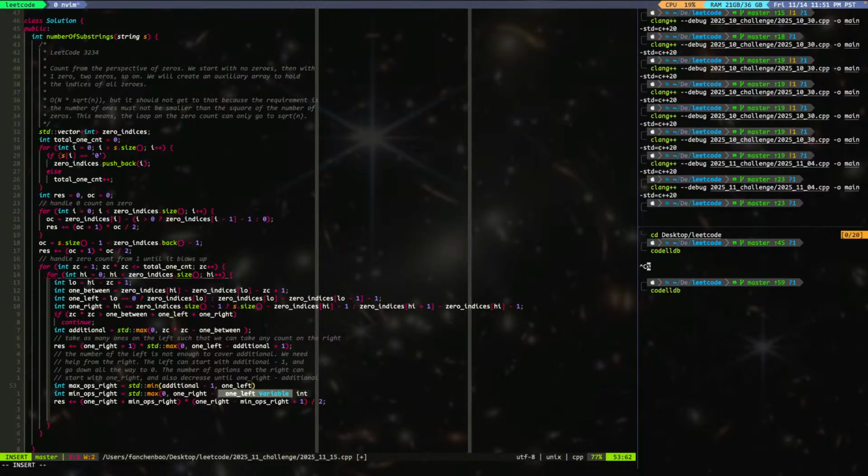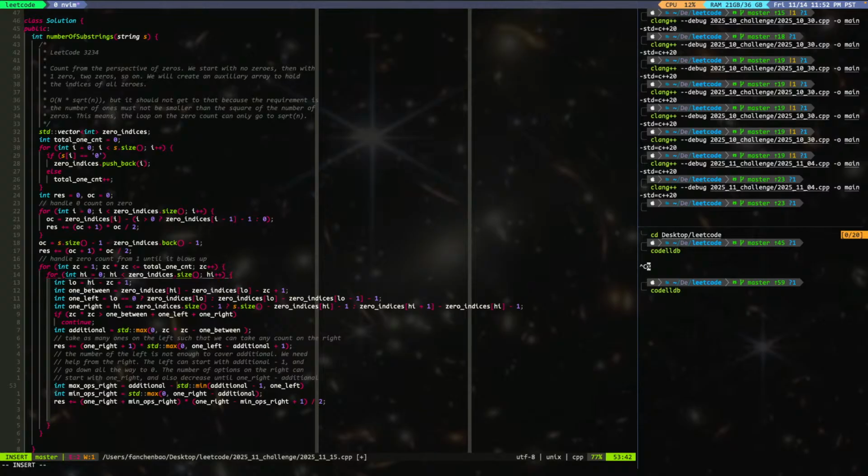And then we need to do additional minus this. That's what's required on the right, right? That's what's required on the right, because on the left I'm supplying not all of them, I'm supplying this much. So if I supply this much, then on the right, what's the maximum number of operations we can do?